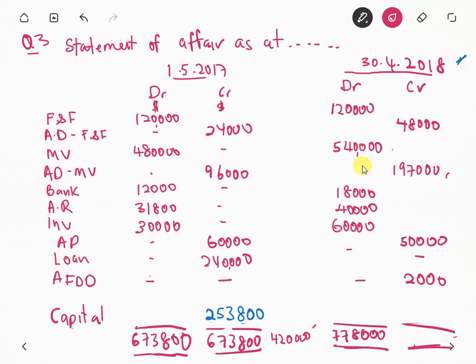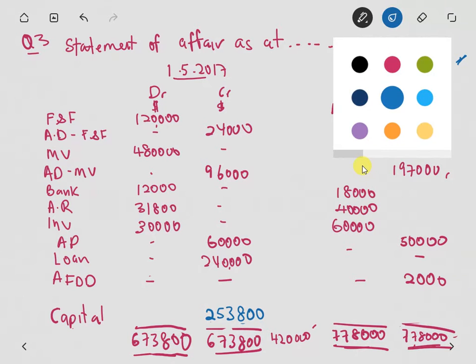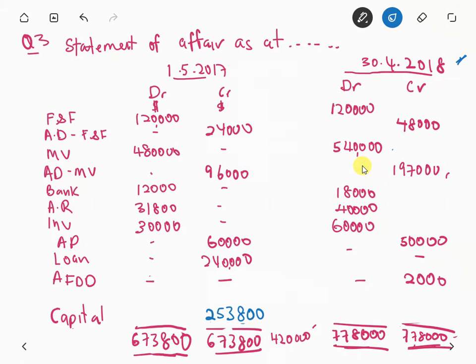Find missing figure. How much? Four eight one zero zero zero.